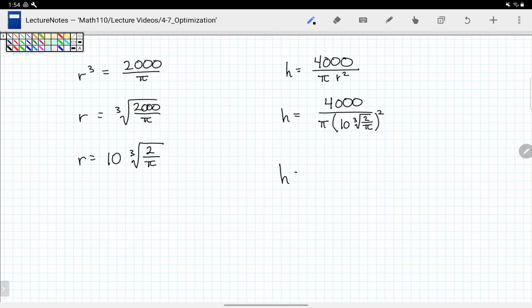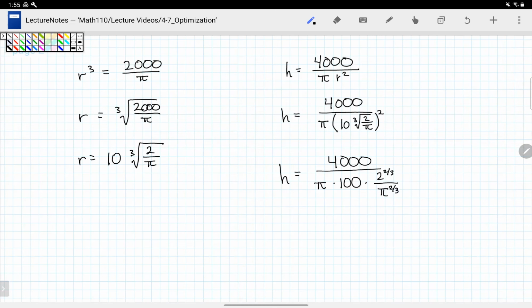So let's see, 4,000 over pi. 10 squared is 100. And we have cube root of 4. Or maybe I'm going to do this. I'm going to do 2 to the 2/3 over pi to the 2/3.